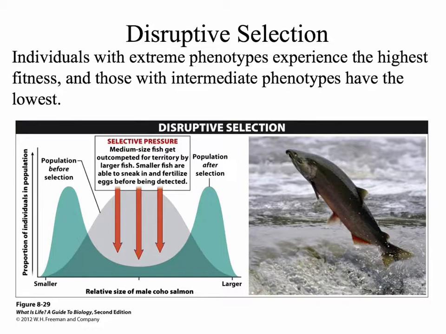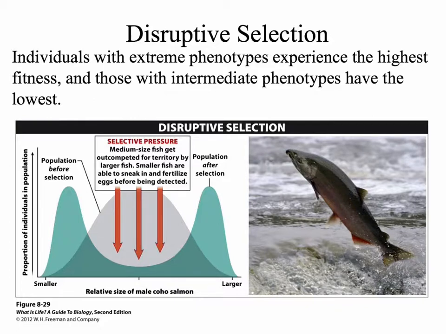In this case, we have fish sizes. So the male fish, who are very large, are selected for by females to reproduce. So they get to reproduce very often. Males that are middle-sized are not selected by the females to reproduce. Males that are very small are sneaky reproducers.